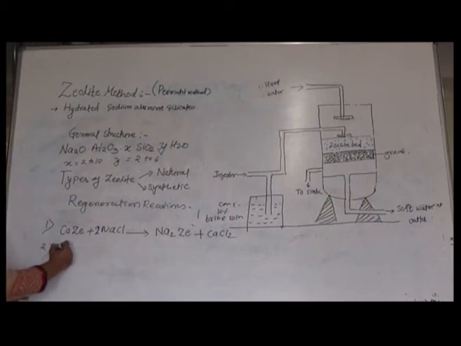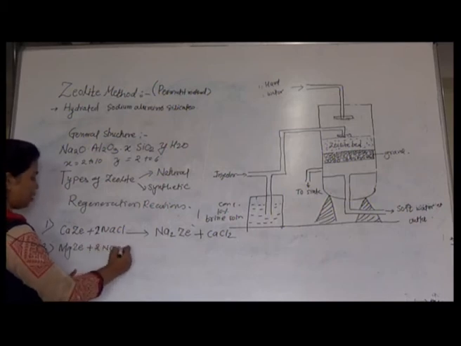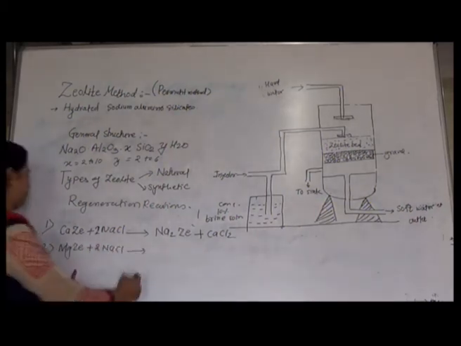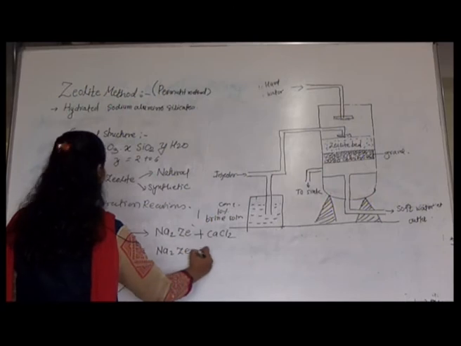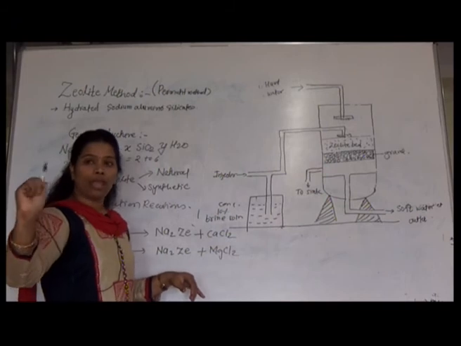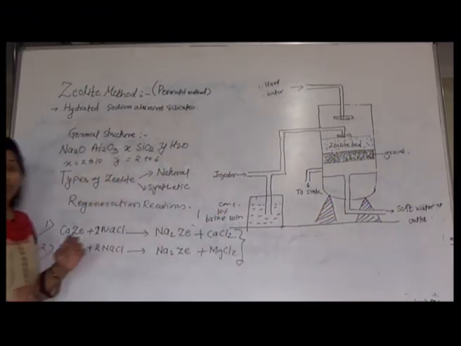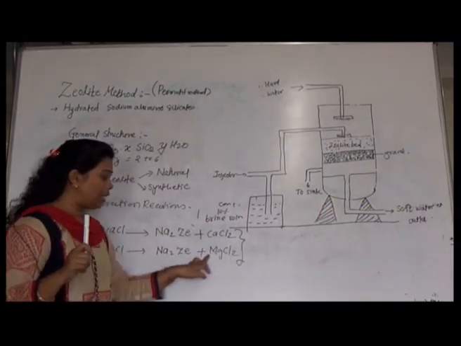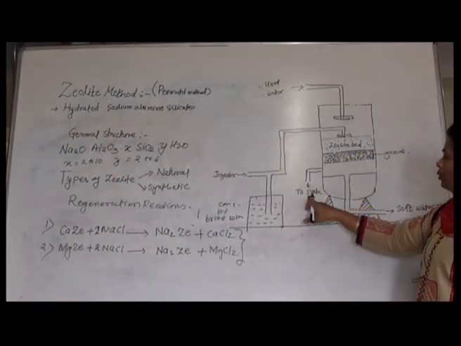The other reaction is magnesium zeolite. It is also exhausted zeolite. It can be regenerated by using this brine solution. It forms Na2Ze plus MgCl2. So after formation of CaCl2 and MgCl2, we can discard this MgCl2 and CaCl2 to the sink.